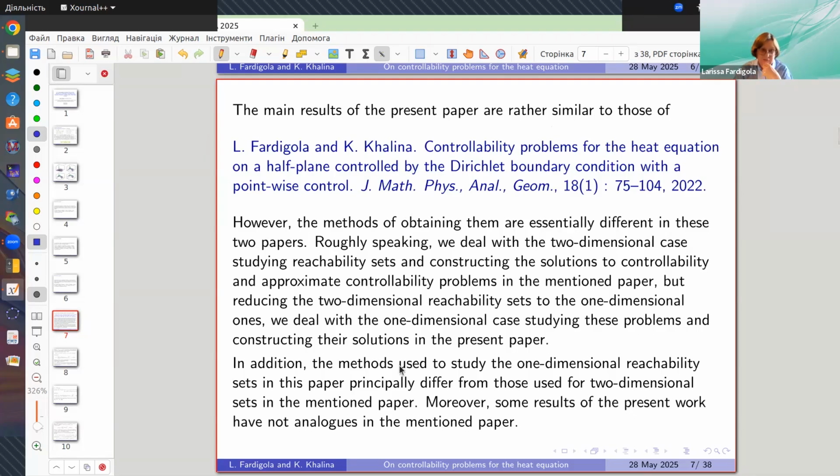In addition, the method used to study the one-dimensional reachability set in this paper principally differs from those used for the two-dimensional set in the paper mentioned above. Moreover, some results of the present work have no analogues in the mentioned paper.